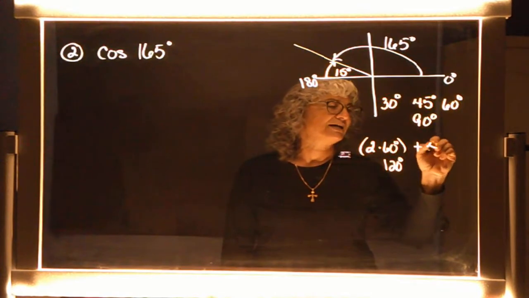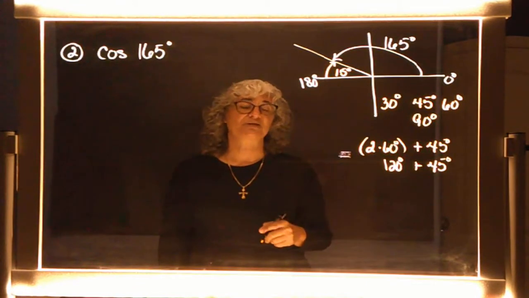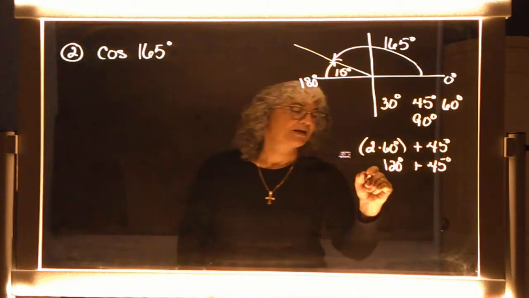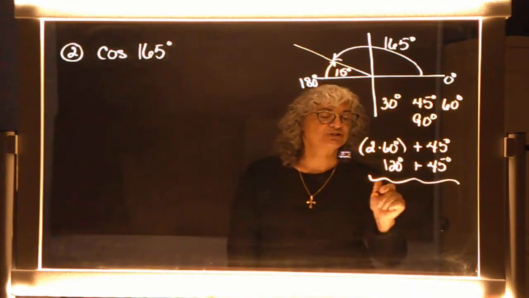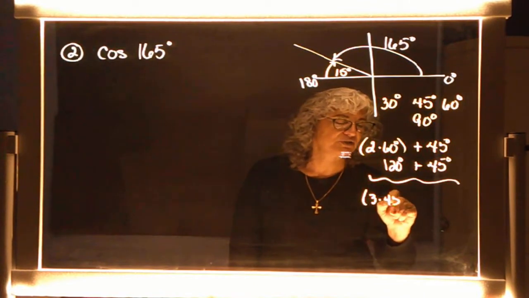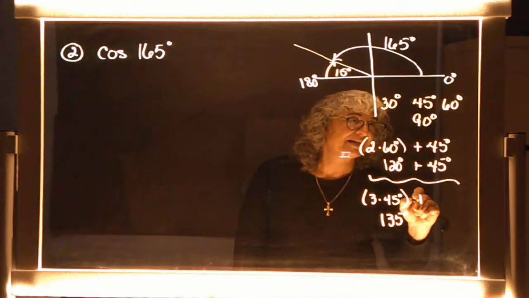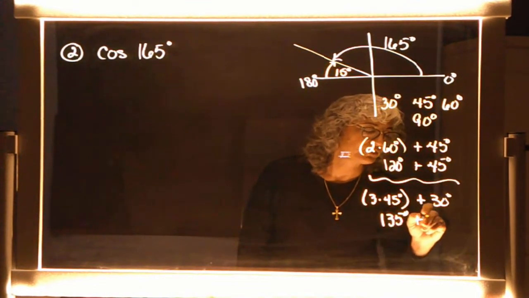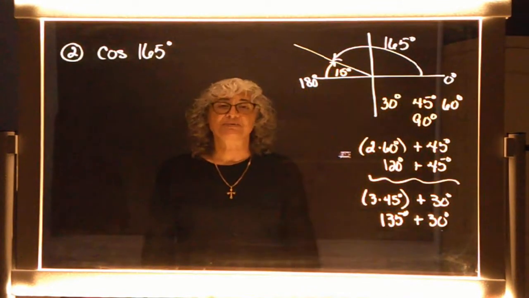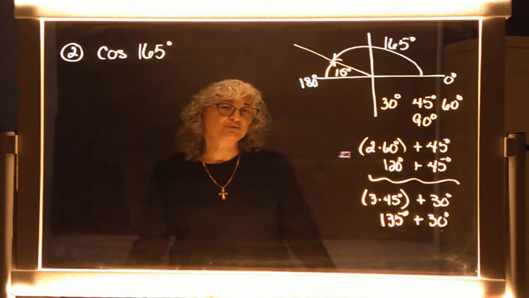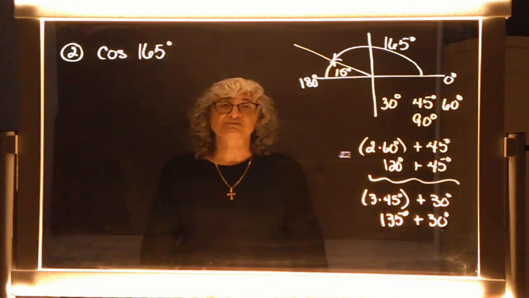And all I would need to add is 45 degrees to that to get 165 degrees. So I could use these two angles. Here's another combination. We could actually use three 45-degree angles, because that will give me 135 degrees, and add to it 30 degrees, which will still give me 165 degrees. These are only two possibilities. And to be honest with you, it doesn't matter which one I use, I'm going to get the exact same answer. So, do you care which one we use?